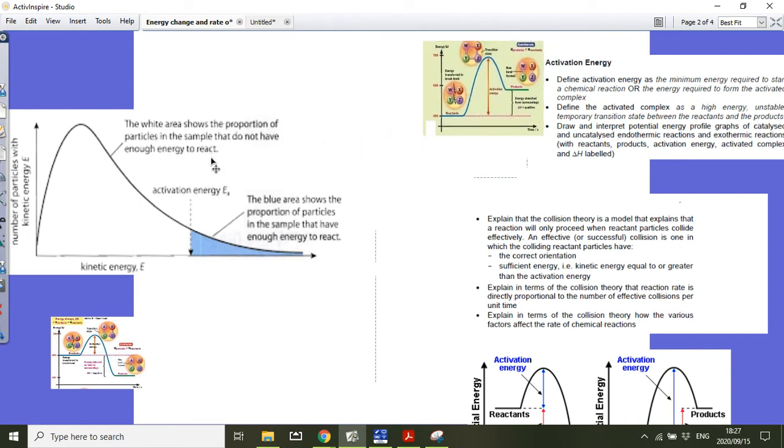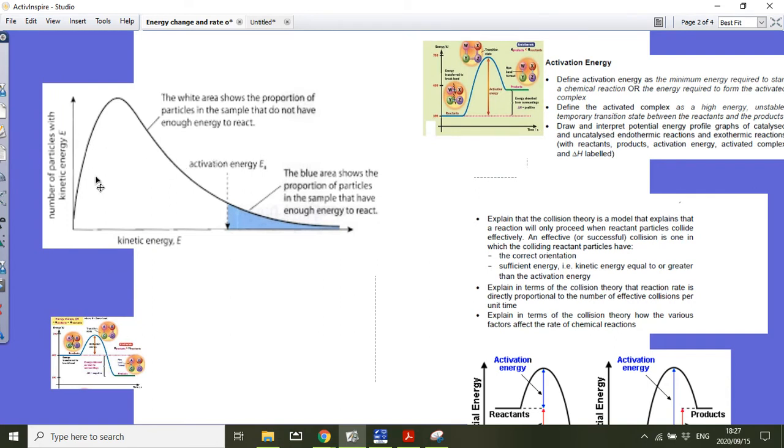take place. Now, a Maxwell-Boltzmann curve almost feels as if it should be the other way around, because it says number of particles here, and on the x-axis you've got the kinetic energy. So the area under the graph is basically the proportion of the particles that we have.